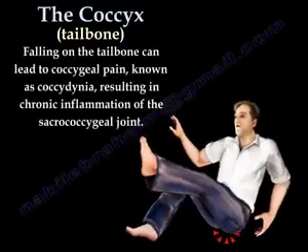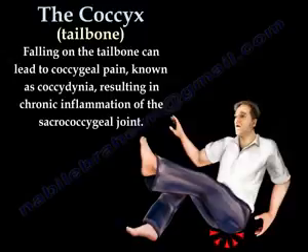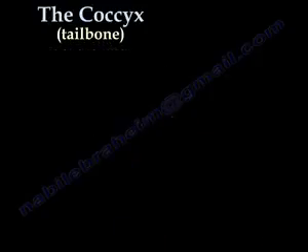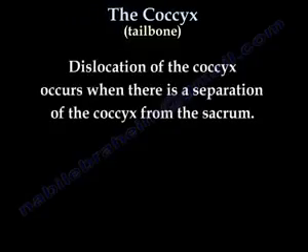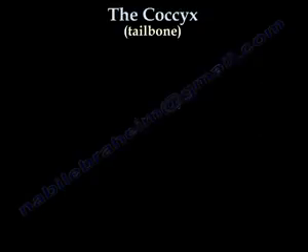Falling on the tailbone can lead to coccyx pain, we call it coccydynia, with chronic inflammation of the sacrococcygeal joint. Dislocation of the coccyx occurs when there is a separation of the coccyx from the sacrum.